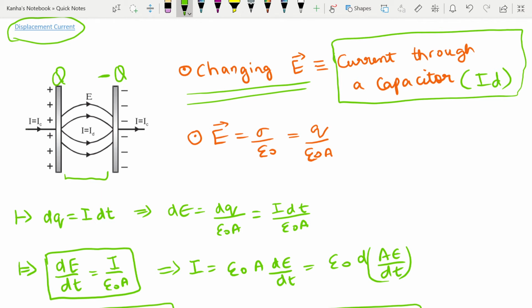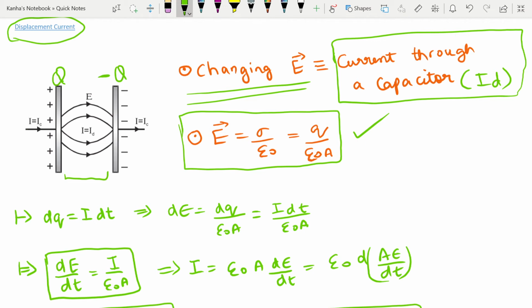To see how this really works, let's quickly see what the electrical field inside a parallel plate capacitor is. It's equal to sigma by epsilon naught, which is equal to q by epsilon naught A. In order to derive what this current looks like, you know that the current is equal to dq by dt.